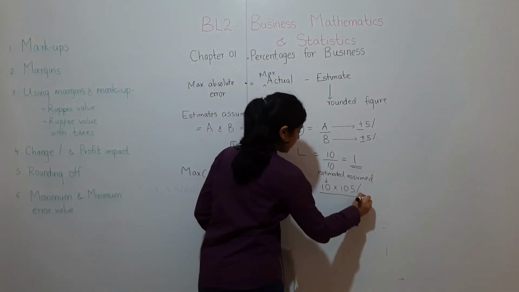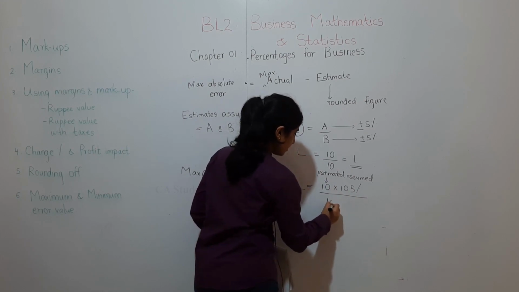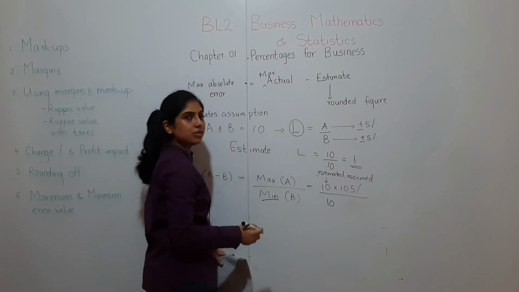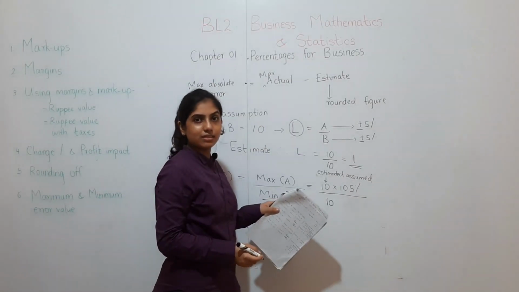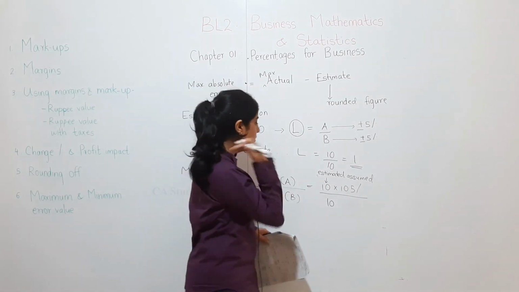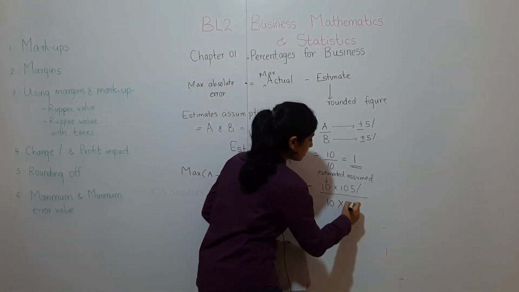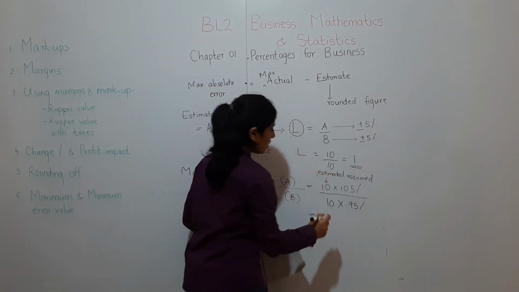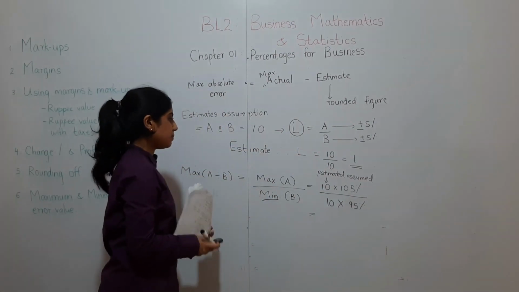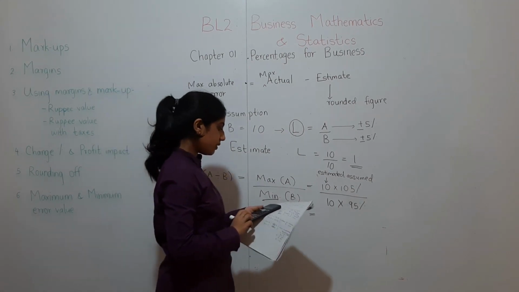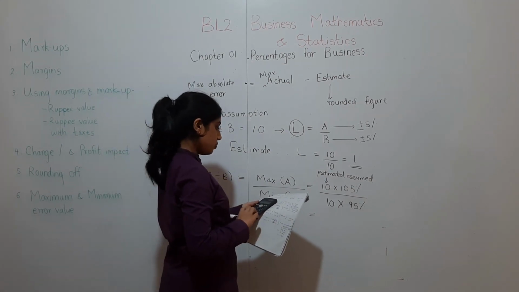Divide by 10 again, that is the estimate, but for the minimum we must use minus, so 100 minus 5% is 95%. So the answer is 10 into 1.05 divided by 10 into 0.95.